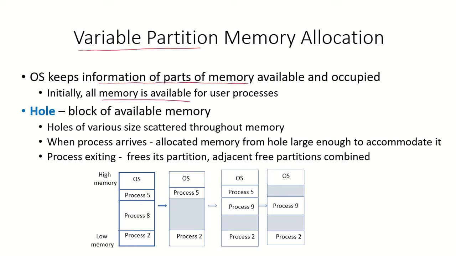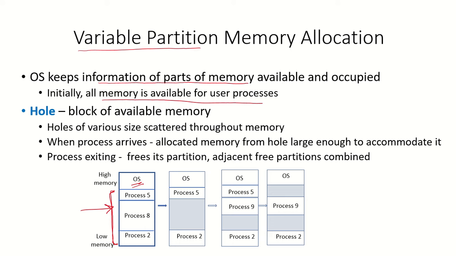Initially, all memory is available for user processes. So let's say this was the status of the RAM after a few processes have been brought into the memory. So initially we just had the OS and all of this user space was available for bringing the processes.